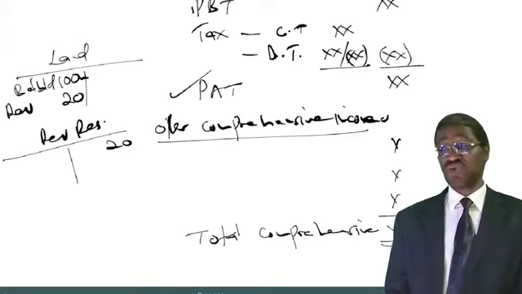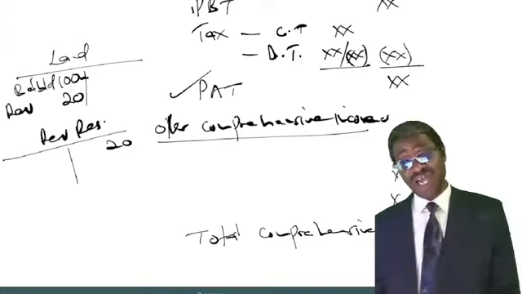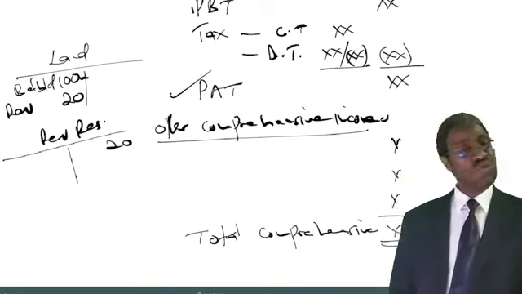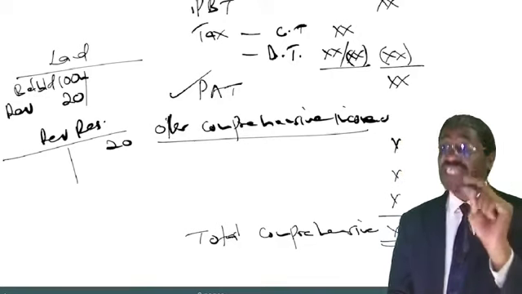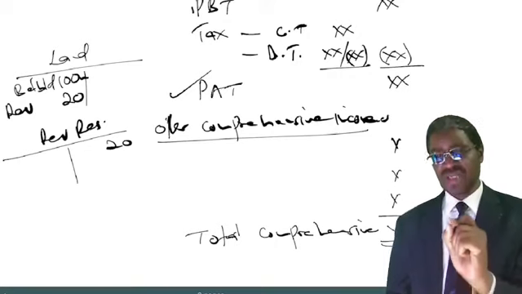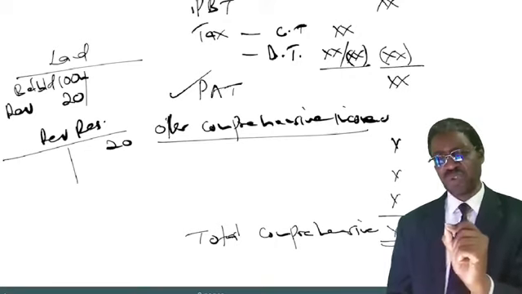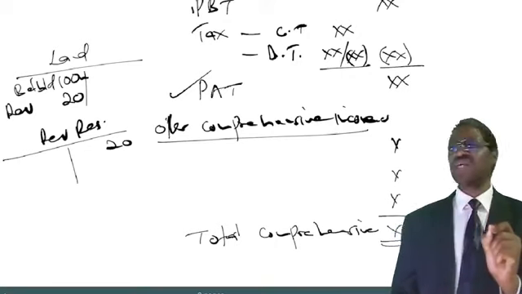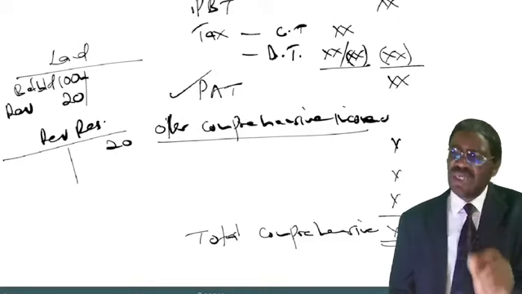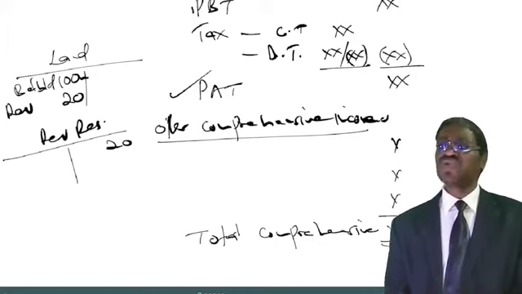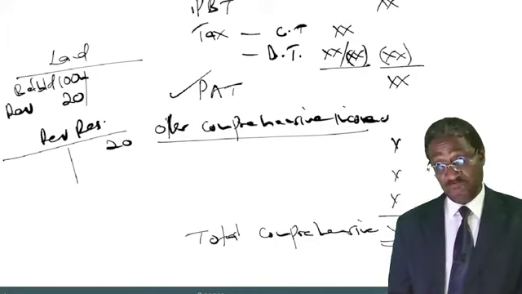As much as true, that 20 is a gain, I don't take it to the profit and loss. No. I take it to a reserve. But is it a gain? Yes. So those are examples of gains that you as a company could have made, but the rules of accounting don't allow you to take those gains to the profit or loss.